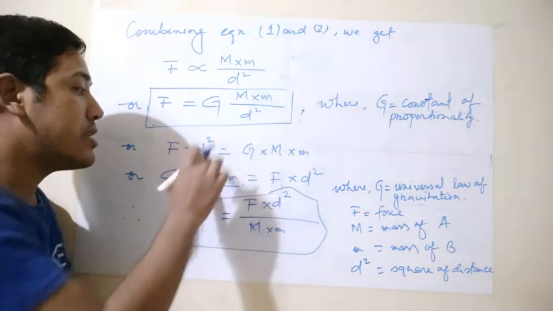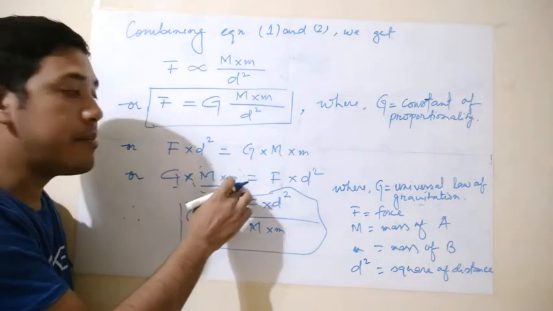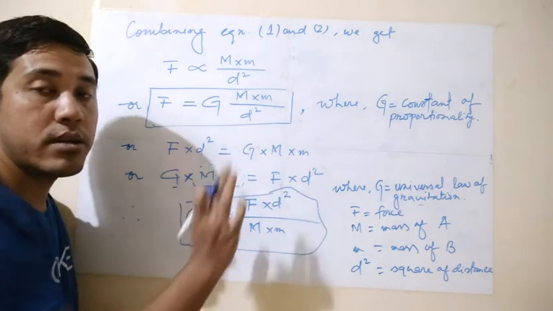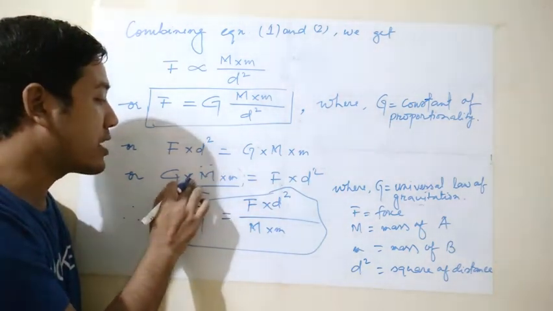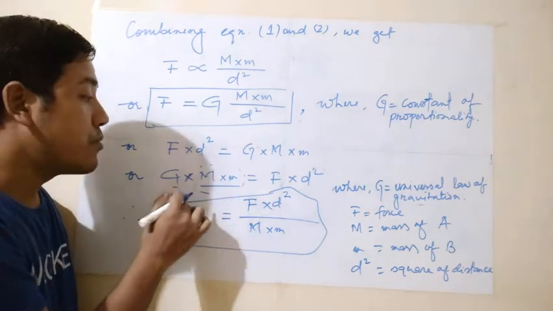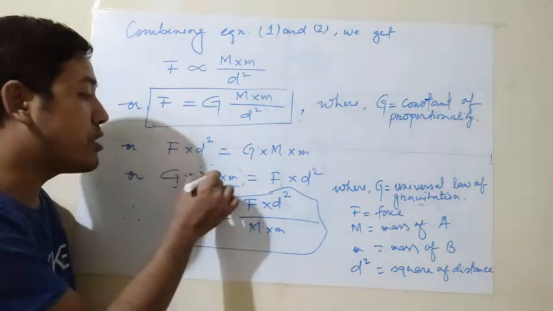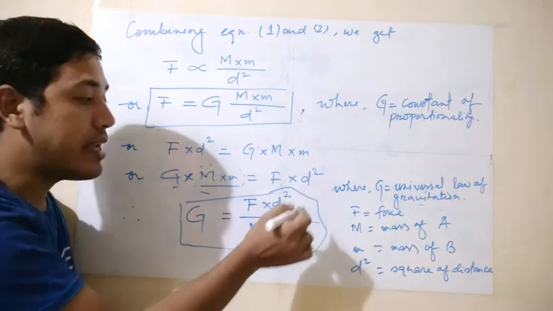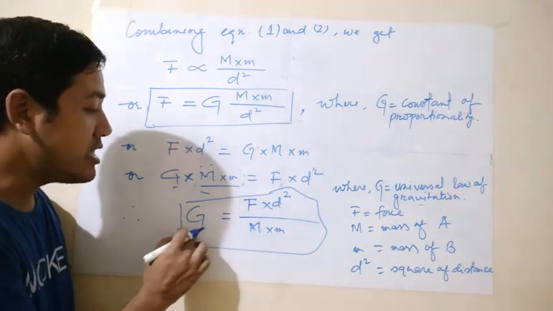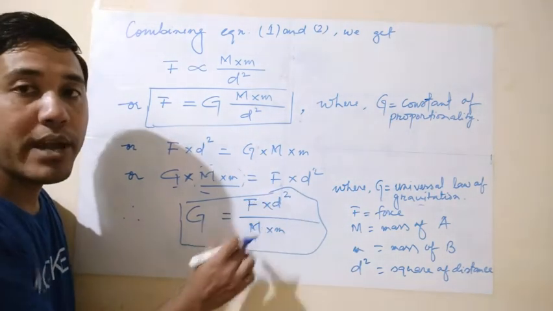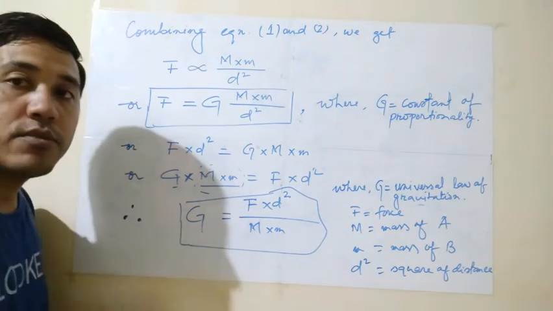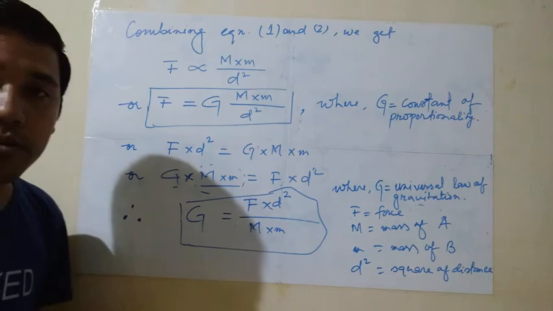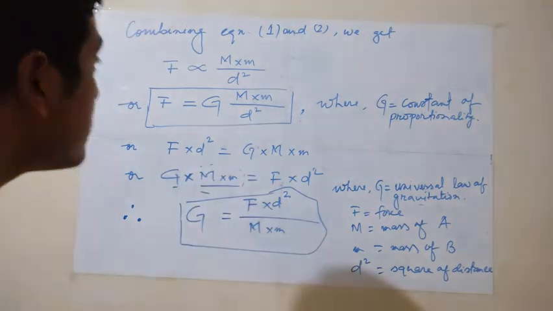Then if we interchange, G into M into M is equal to F into d square. In between G and this quantity there's the multiplication sign, right? Then we want to find out this G, so it moves to the right side in the form of divide. That is, G is equal to F into d square by M into M. Okay, any doubt, any confusion, just let me know. Okay, please copy down. Done.